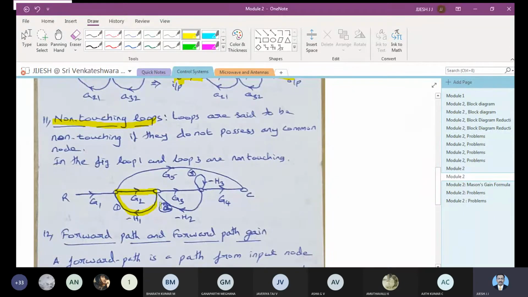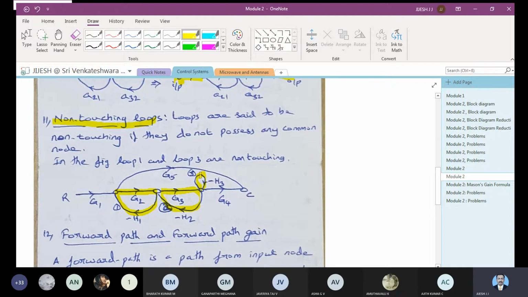So this forms one loop. And if you go from this node, you can see that it ends in the same node, forming another loop. And here, if you start from this node, it ends in the same node and forms another loop. So you have 1, 2 and 3 loops.